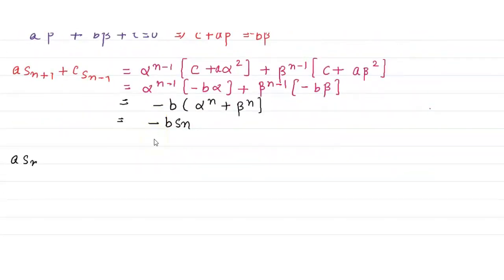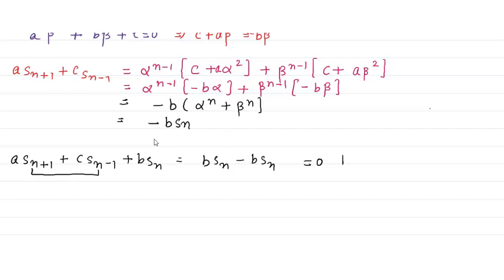Now a Sn plus 1 plus c Sn minus 1 plus b Sn is equal to what? Minus b Sn plus b Sn. I just put the value of this expression as minus b Sn, and it is equal to 0.